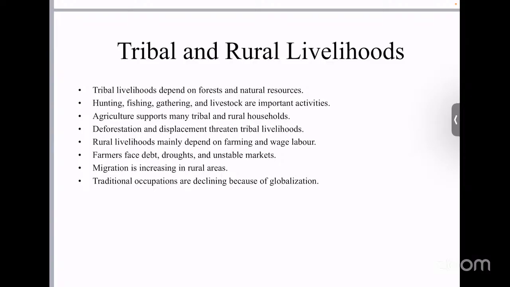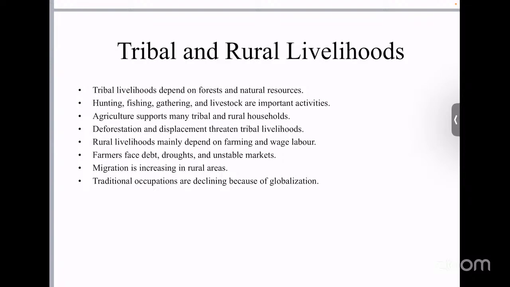The forest resources were not only economic assets, but also part of tribal culture, identity, and traditions.